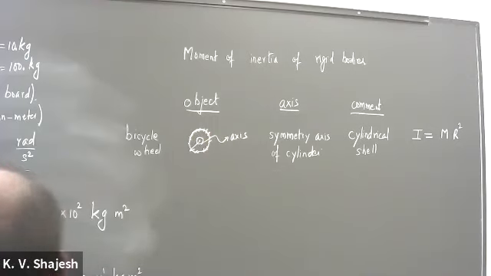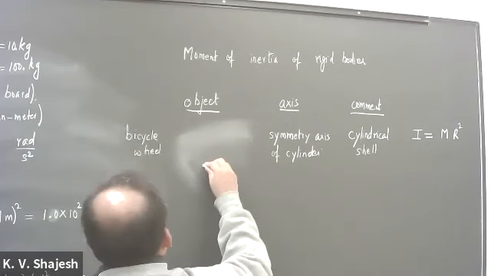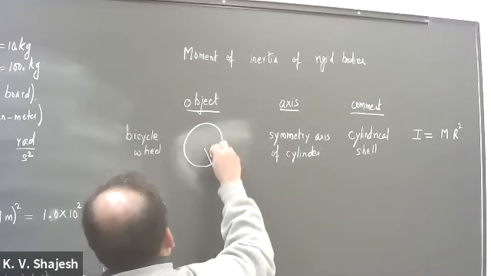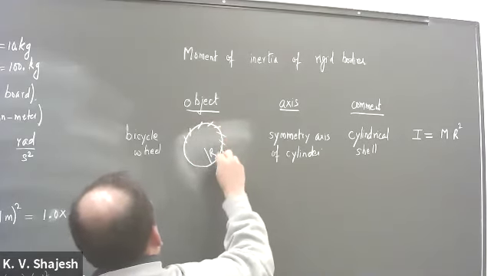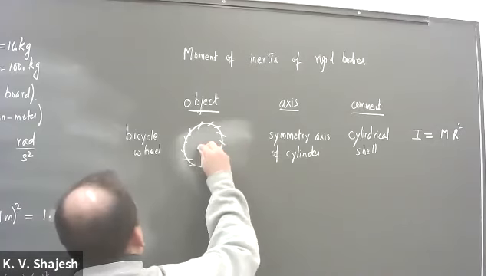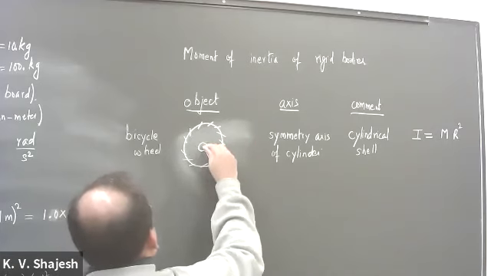Better diagram actually. Let me make it bigger. So that's your radius R, and that's your shell, and the axis is coming out of it.